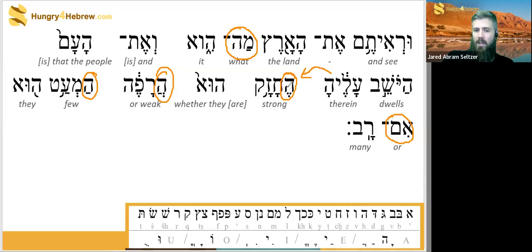But then it would be used substantively: the strong one or the strong people, they are the strong people. Actually, I digress. I take that back, because if we don't have the Masoretic scribe, that means we don't even have the vowel pointings yet. So this could be a definite article, that could be a definite article.